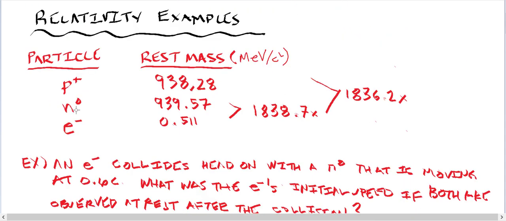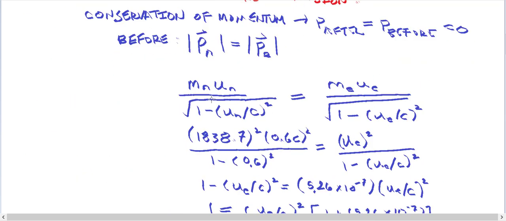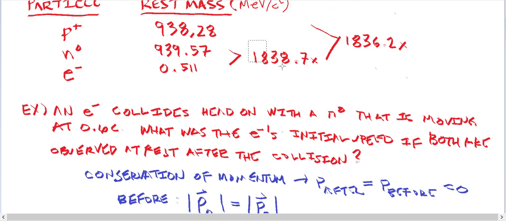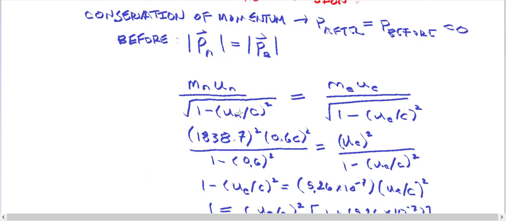Plugging in the mass values, well, note that mn divided by me is going to be 1838.7, right? So all I did here is I took mn and I divided by me, and then I plugged in the speed of the neutron, 0.6 c, and so 0.6 c divided by c is 0.6.